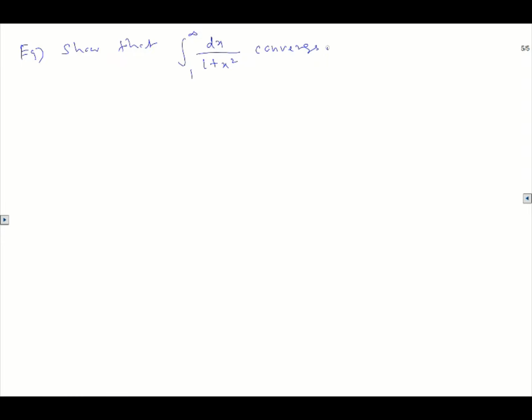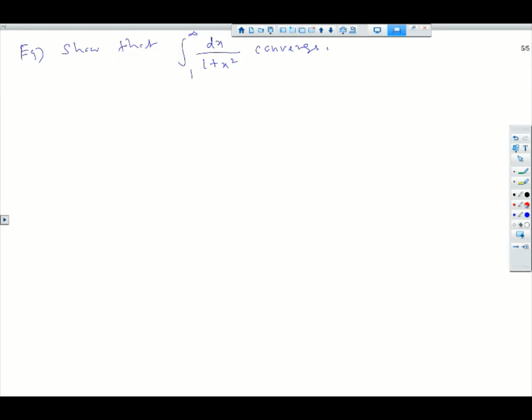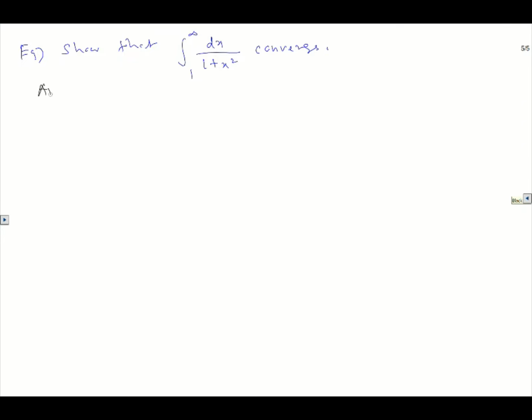So the answer here is the function f(x) equals 1 over 1 plus x squared as one function, and we're going to take the g(x). What's the g(x)? We just remove those unnecessary terms, so in this case we remove 1, and you get 1 over x squared.